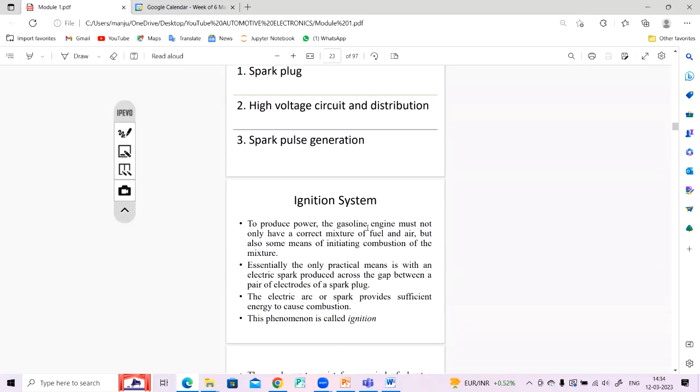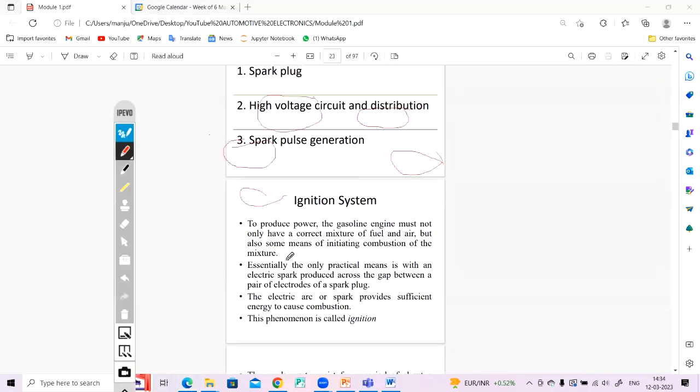So what exactly does the ignition system mean? To produce power, the gasoline engine must have not only the correct mixture of fuel and air, but also some means of ignition of the mixture.